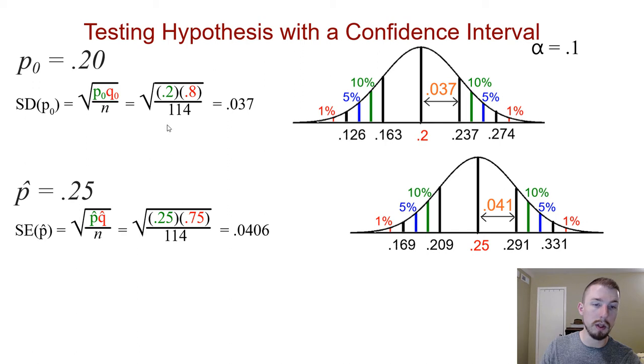Notice even a slight difference between these two values, even if it's only off by like 4.6%, still changes our standard deviation. That's why we call this the standard error instead of standard deviation. It's based on the sample proportion, which we know is not the true proportion, because samples vary, especially really small samples, they vary a ton, right? So this one is standard error because it's based on the sample, which we know is not correct.